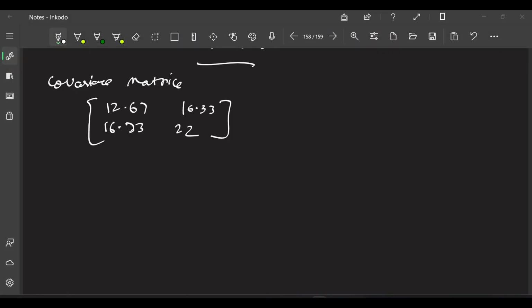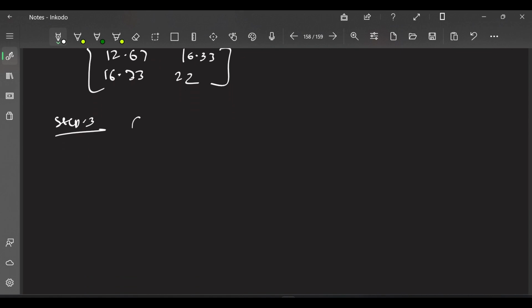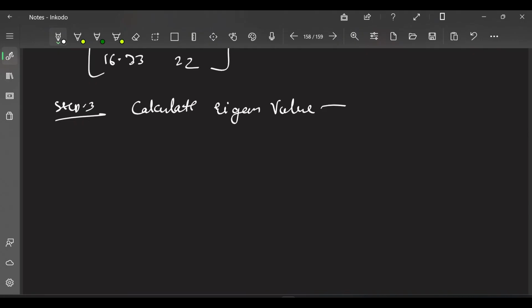So now step 3 was to calculate the eigenvalues. So how will we calculate the eigenvalue? For calculating, we know that S minus lambda I is equal to 0. S is your covariance matrix.